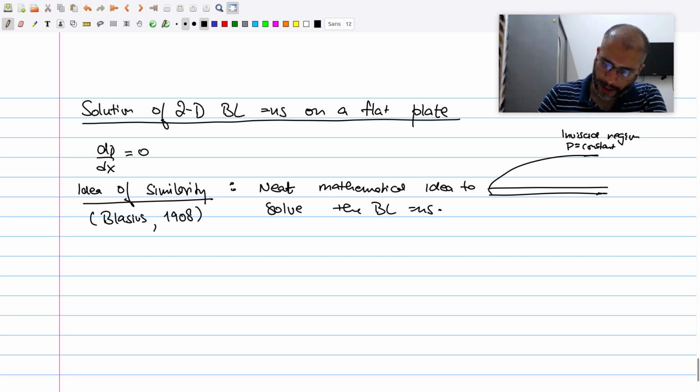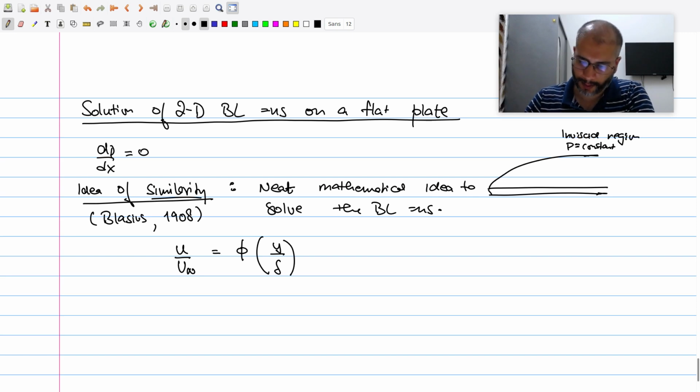Okay, so the word similarity means that inside the boundary layer, we say that the ratio of u to u infinity is a function of y to delta. Let's look at this figure. If I am talking about 2 different x distances, and I take the center point of both.